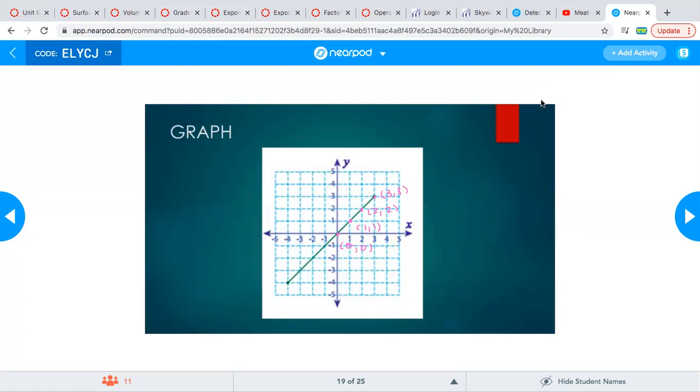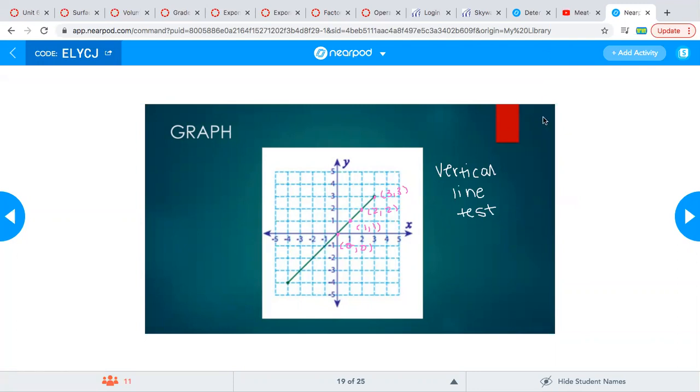Or I could do something called the vertical line test. Go ahead and write that word down because you're going to be tested on that. Vertical line test.